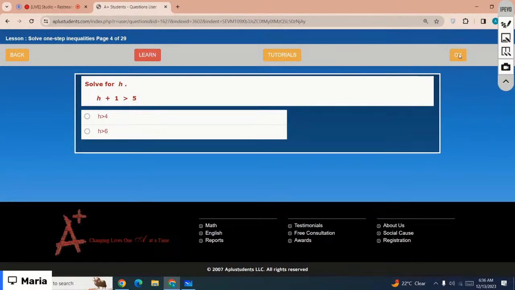Okay, solve for h. h plus 1 is greater than 5. So which is the correct option?